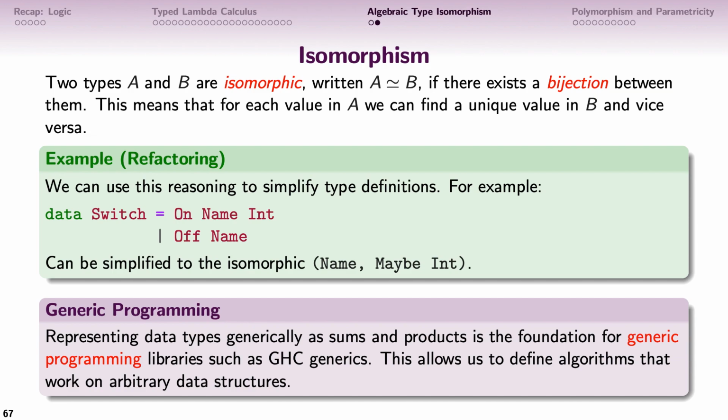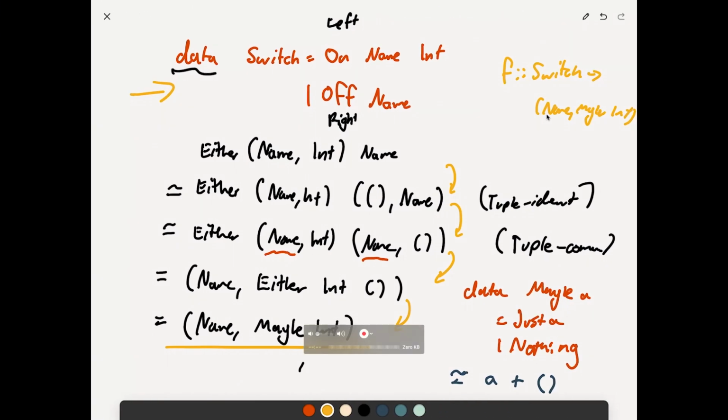So the other thing I'll mention about this before I move on is I called these sums and products, and we can actually rewrite our expressions here, and it makes the reasoning that I just did very intuitive. If I write these as plus and times instead of either and tuple, I get name times int plus name, right?